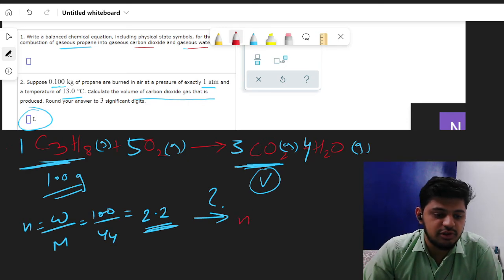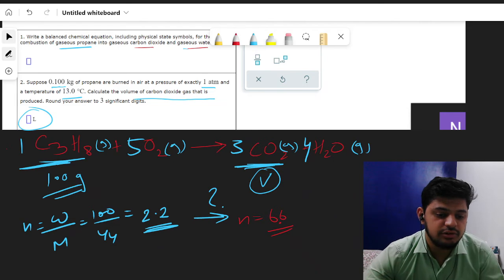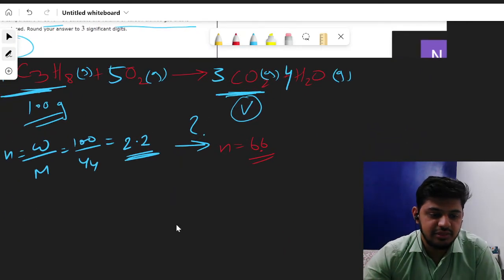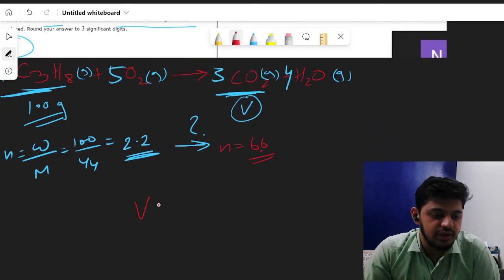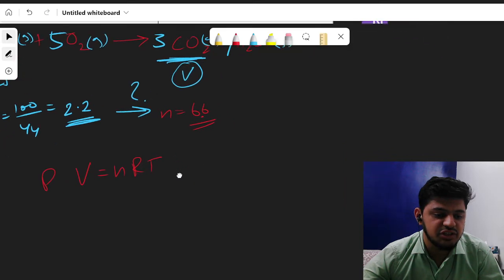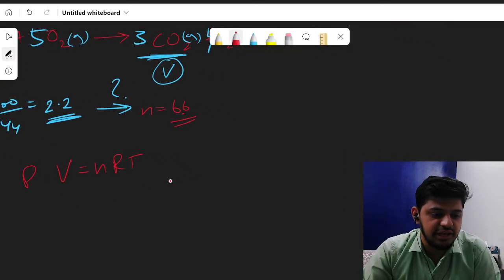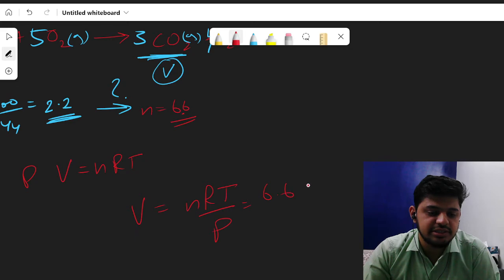So the number of moles of carbon dioxide is equal to 6.6. Now, the formula to calculate the volume is PV equals nRT. If you want to rearrange it, V is equal to nRT by P. Number of moles is 6.6.